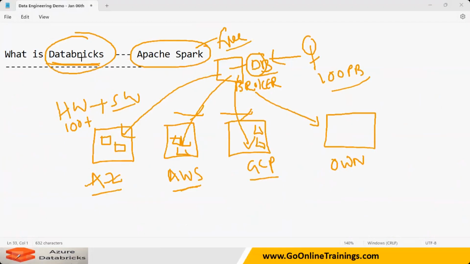Otherwise, configuring, and if you don't have the proper UI, user interface, you will be writing complex code. You need to have one uniform interface, because we are going to be writing code in Java, SQL, Python. If somebody is giving you different compilers or different interfaces to work with, you will face a lot of difficulty.